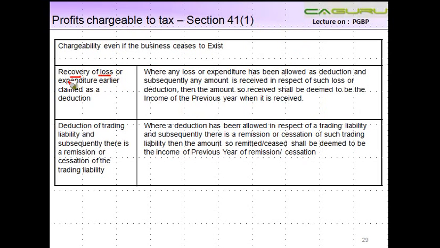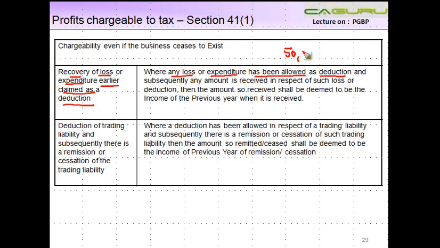Recovery of loss or expenditure earlier claimed as a deduction. So there is a recovery of loss of 10,000 which was claimed as a deduction earlier, where any loss or expenditure has been allowed as a deduction.